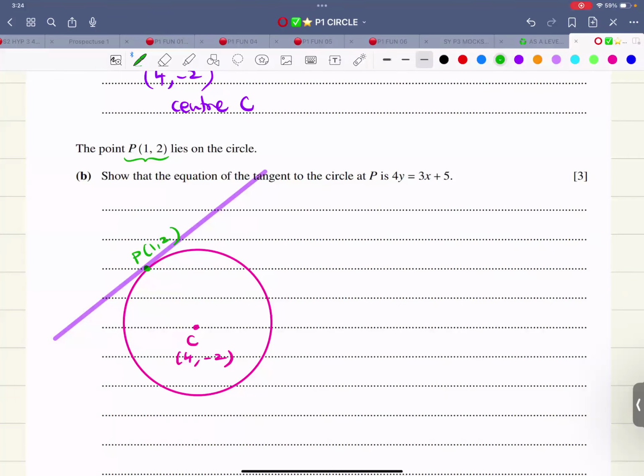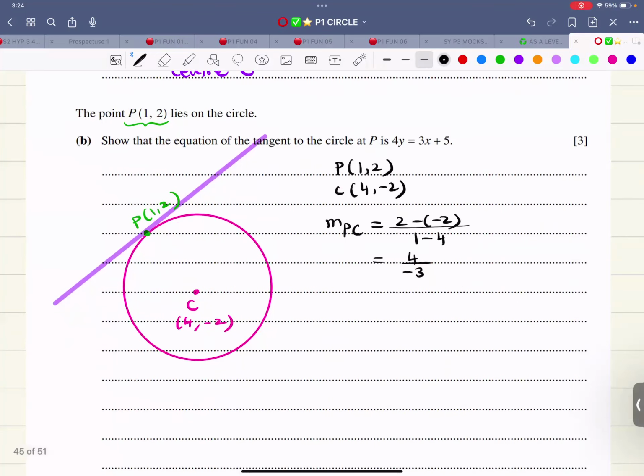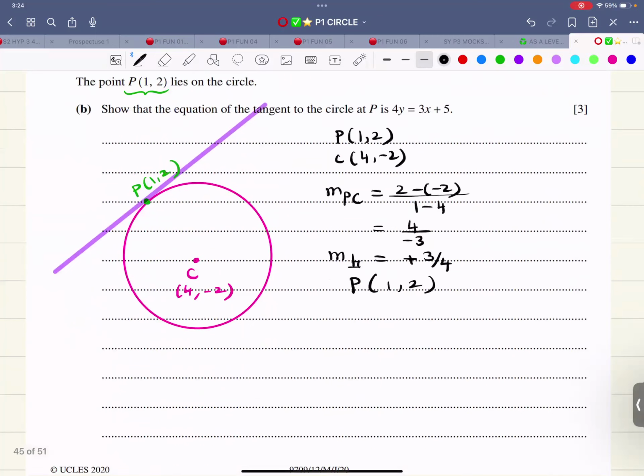Now, why do I need a diagram? Because it will be used in the next part. Now, first of all, P is 1, 2. Center is 4, -2. Our gradient of PC is 2 minus -2 divided by 1 minus 4. That is 4 at the top, -3 at the bottom. All good. Therefore, gradient of perpendicular should be positive 3/4, and it will pass through P, which is 1, 2.